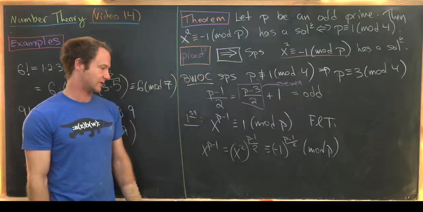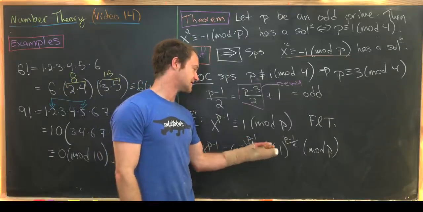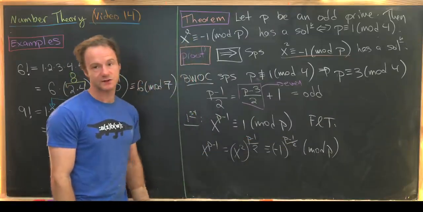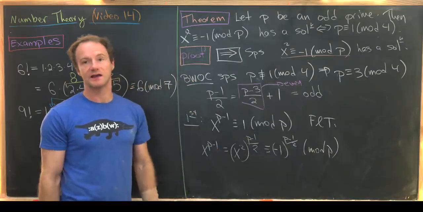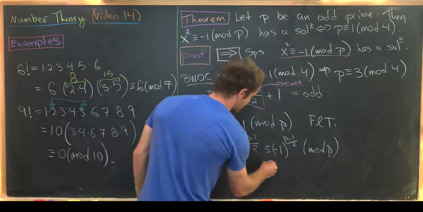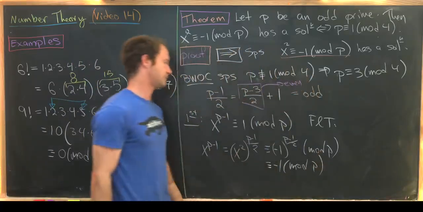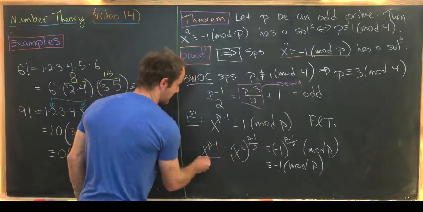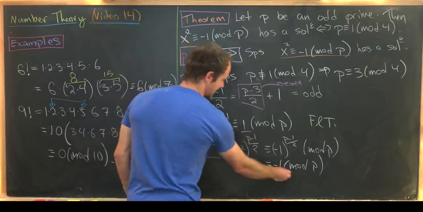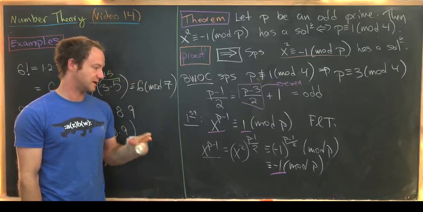But now we've got a problem, huh? Because now this is all congruent to minus 1 mod p. Why is that? Because we've got minus 1 to an odd number, which clearly gives us minus 1. But what do we have? We've got x to the p minus 1 is simultaneously congruent to 1 and minus 1 mod p.